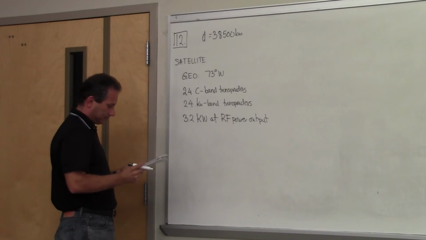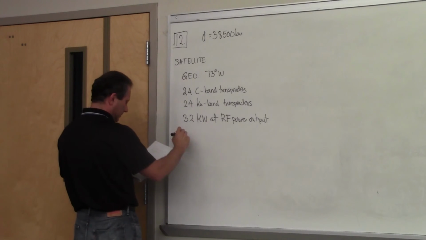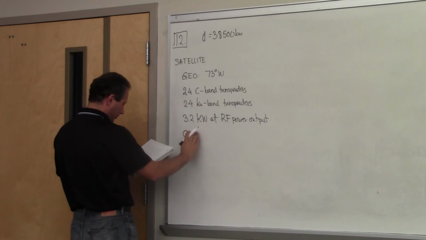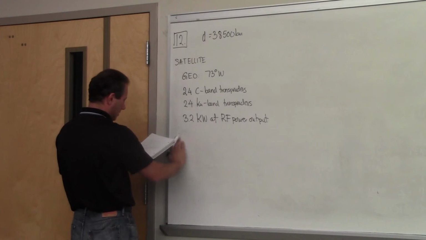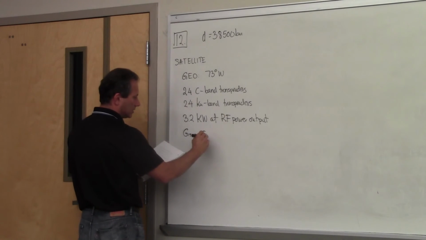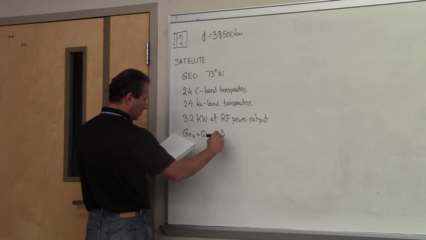Antenna gains, TX and RX, for both bands: G_TX equal to G_RX equal to 31 dB.